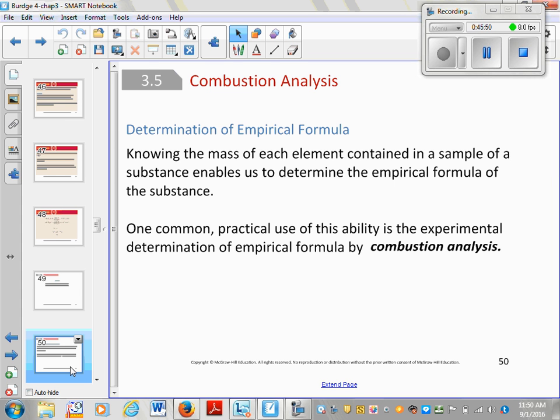So how, in practice, do we do these percentages? Where do we get these percentages? Well, we do a technique called combustion analysis. And in combustion analysis, we burn it.